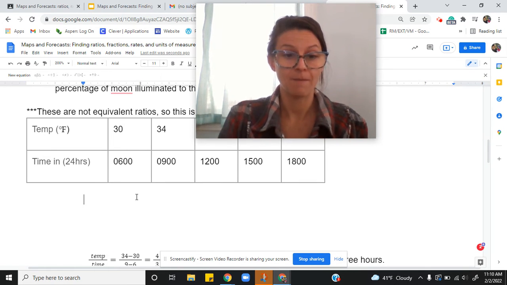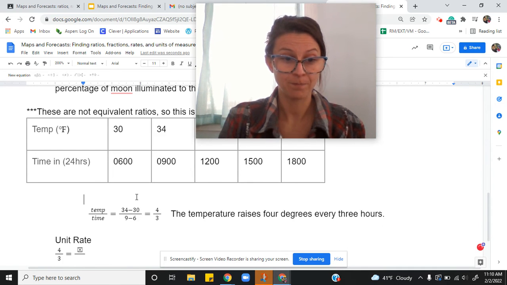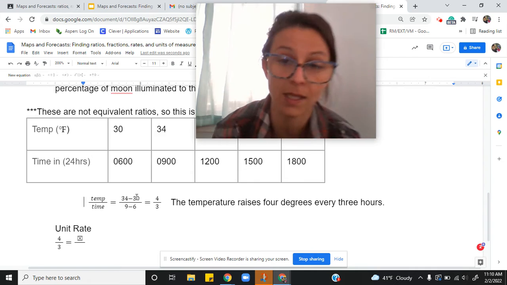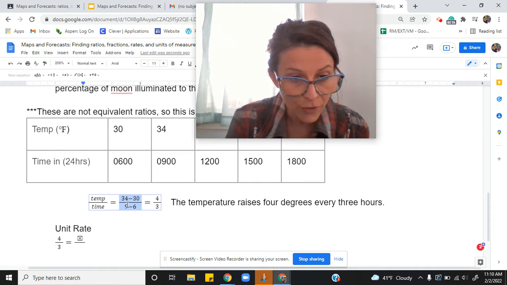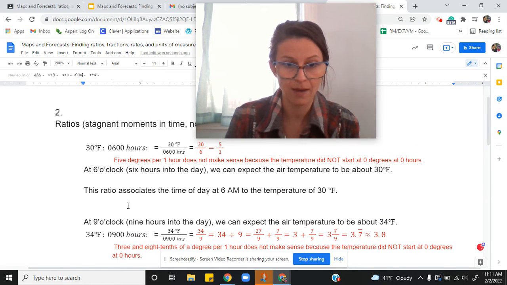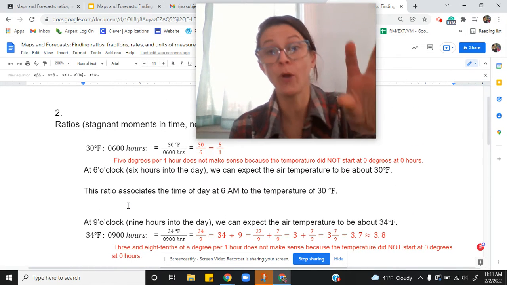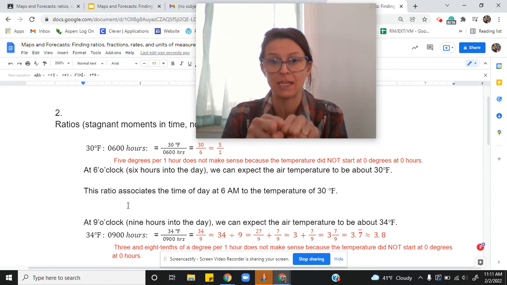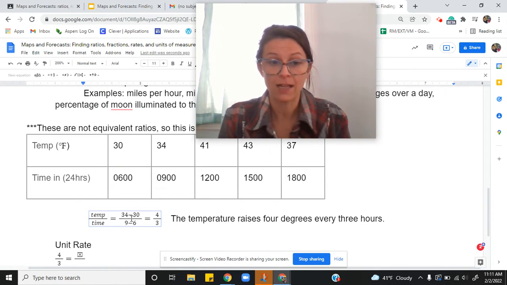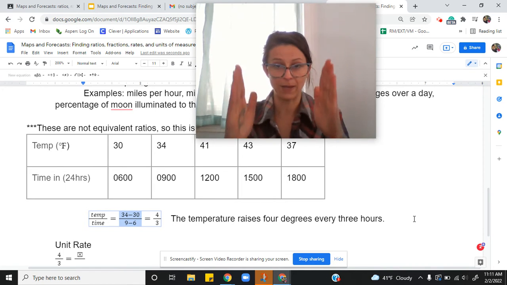So I have here sort of a note to help you all see what's going to happen. If you look here, the 34 and the 9 are associated with each other. We're pulling in two ratios to think of a rate of change. So when I look at 34 degrees at 9 o'clock and 30 degrees at 6 o'clock, I want to make sure that I respect that order.